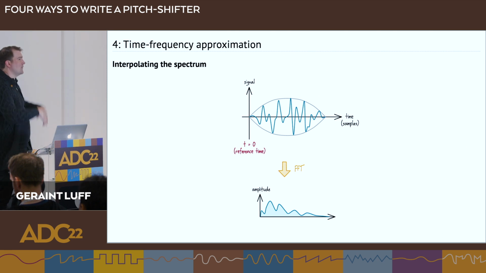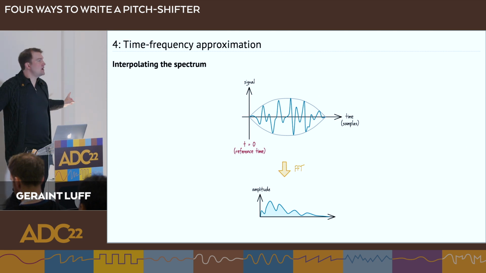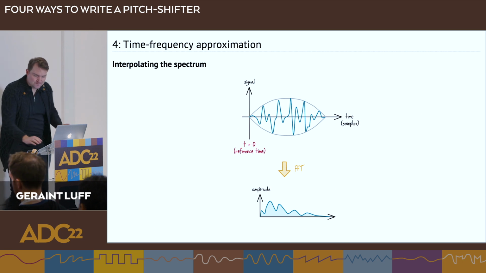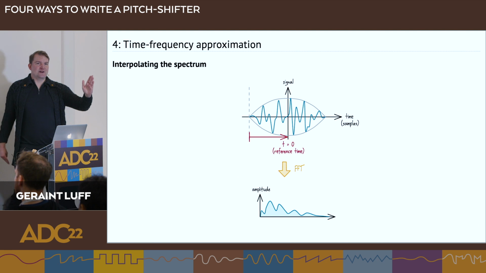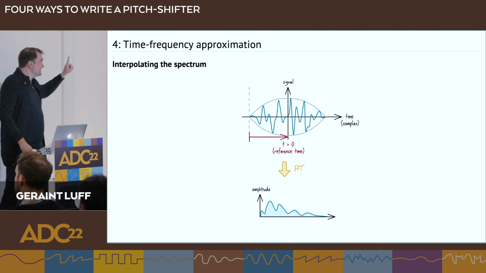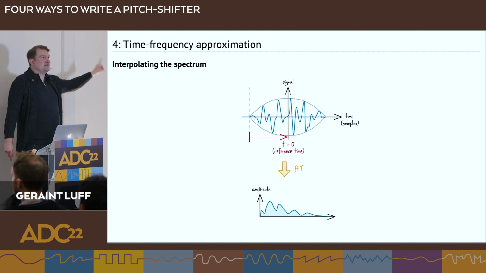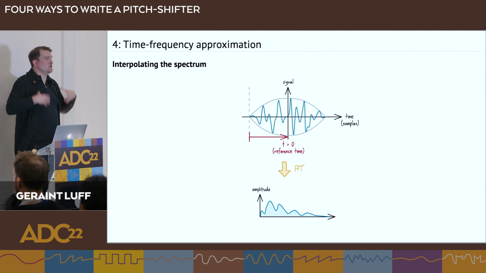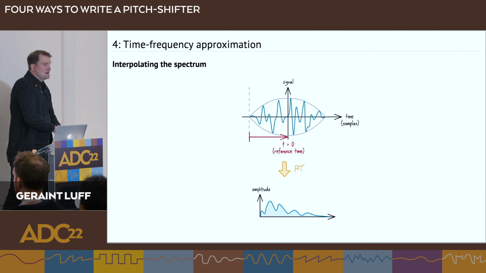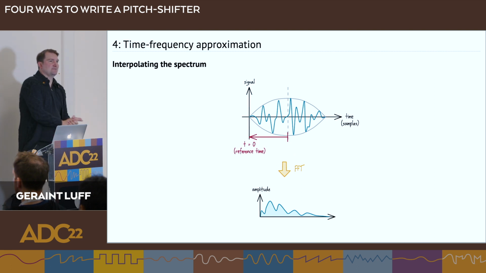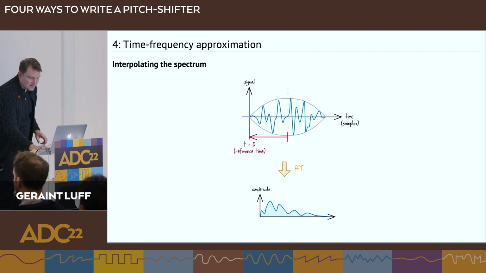But for mathsy phasey reasons, this interpolation works a lot better if the reference time of your spectrum is bang in the middle of your window. So I would recommend strongly that you do this reference time shift on your input spectrum the moment you get it, assemble your output spectrum that you want, and then do the opposite shift to get it back to where the inverse FFT expects it to be.